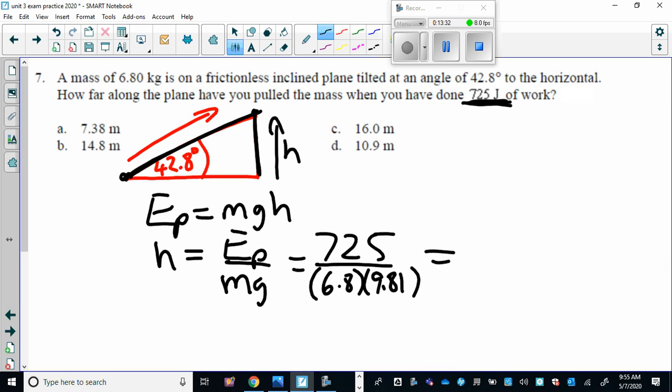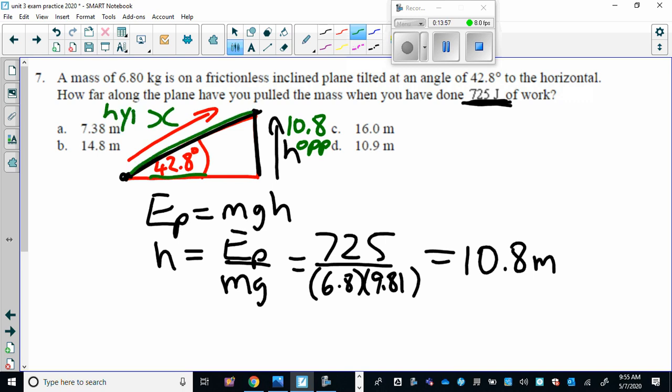Times gravity, you stick that into your calculator and you end up getting 10.8 meters. And then you can just put your 10.8 meters in here. If 10.8 meters is the opposite in relation to this angle, and we're trying to find the hypotenuse, then we're just going to use the sine function.